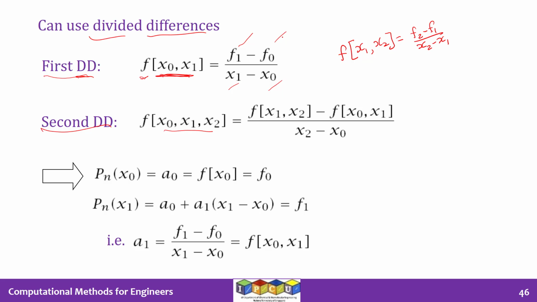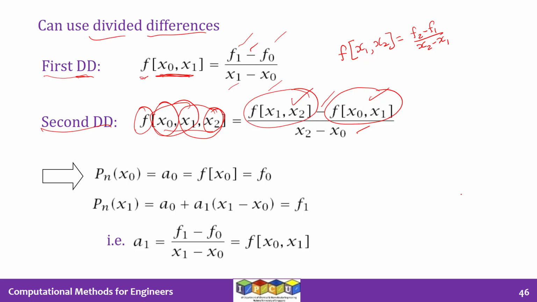So very much like what you see here, f of this minus f of this, divided by this minus this. So there is some kind of a pattern between the first divided difference and the second divided difference. The second divided difference uses the first divided difference.